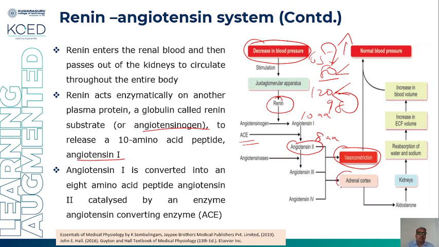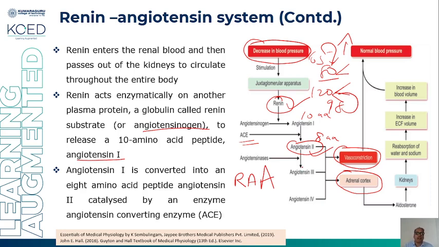Now, what is the role of adrenal cortex? So we told renin, angiotensin. Now you can understand the impact of renin, and the impact of angiotensin 2. Now, what is the role of another important hormone, that is aldosterone? How is that done?